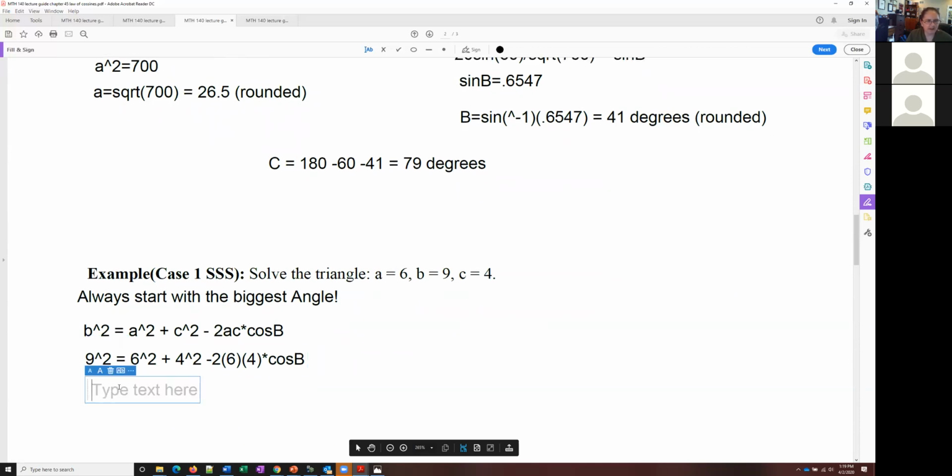So let's simplify that a little bit. We have 81 equals 36 plus 16 minus 2 times 6 is 12. 12 times 4 is 48.